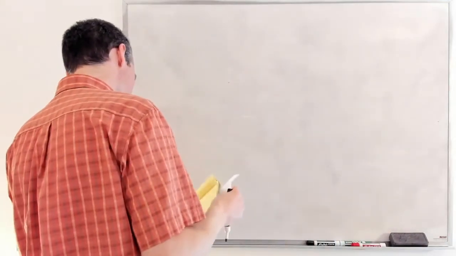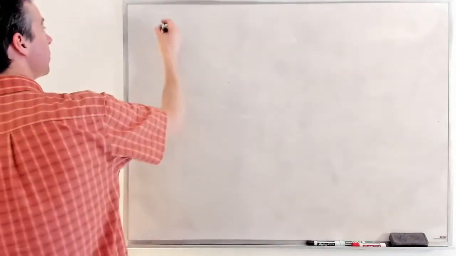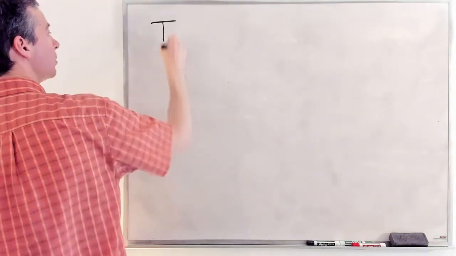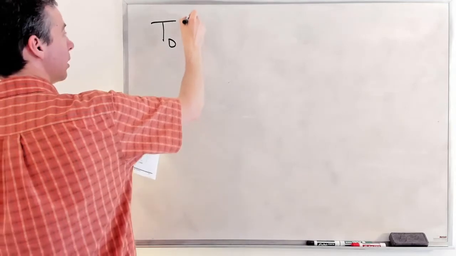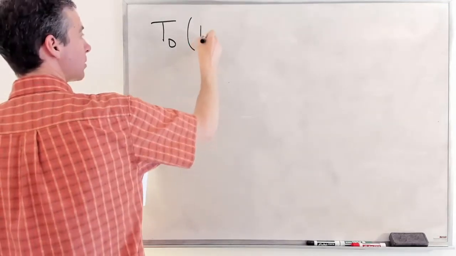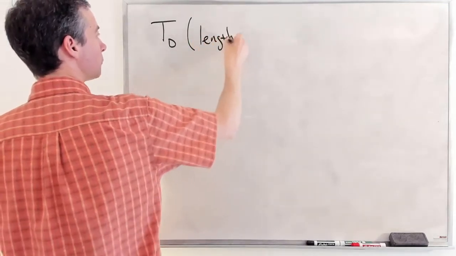Now, after we get that fit, we end up with the following model for the time that someone spends on a document to read it, given its length in words.